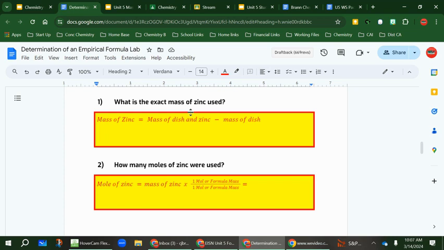I don't care. Remember, when you do a calculation, you need to show me an example with your numbers in there.